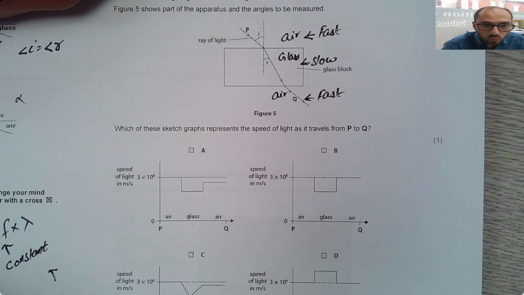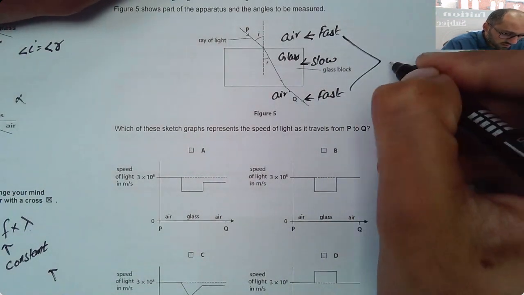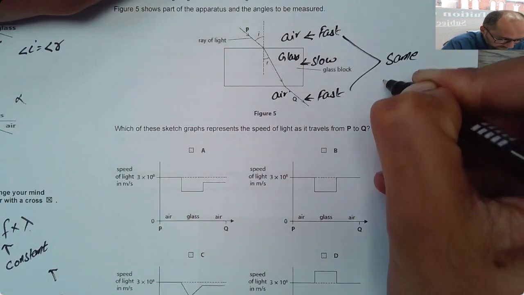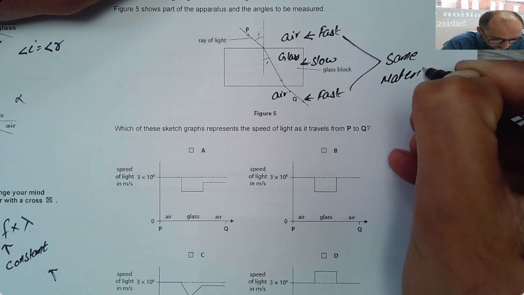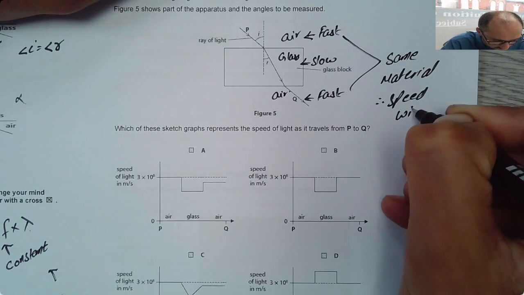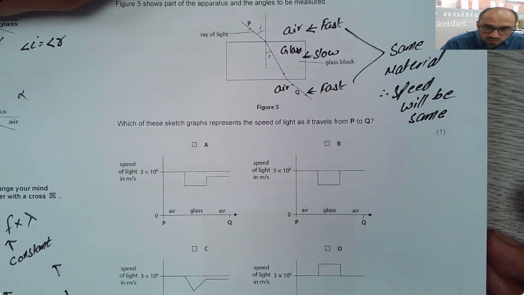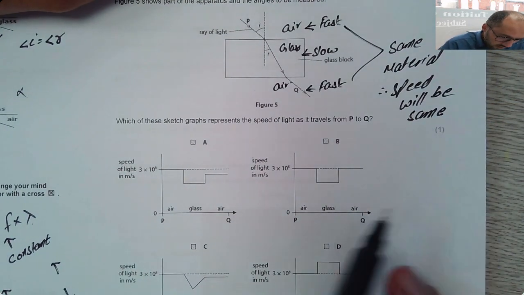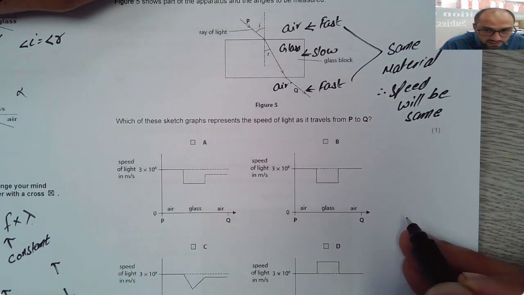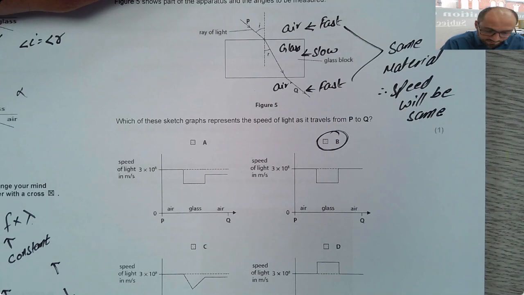It says which of these sketch graphs represent the speed of light as it travels from P to Q. So remember, because this is air and air, the same material, therefore the speed will be the same. So what will happen? It will first slow down and then it will speed up again. But the starting and the ending speed will be the same. So the only option that's correct in this case is B.